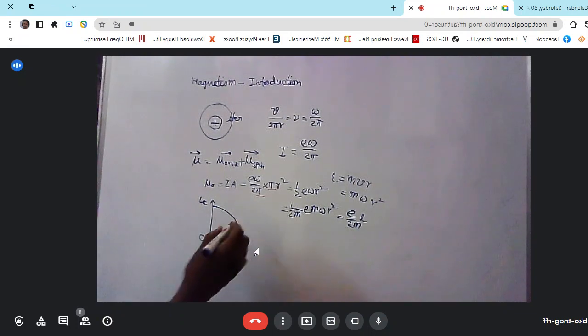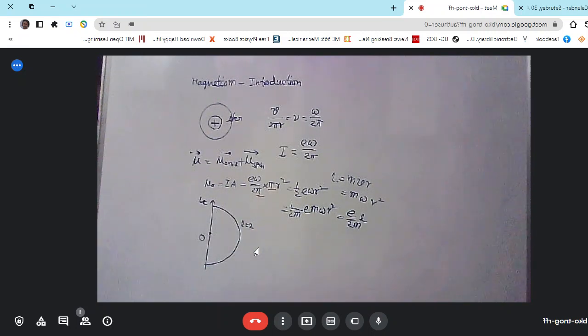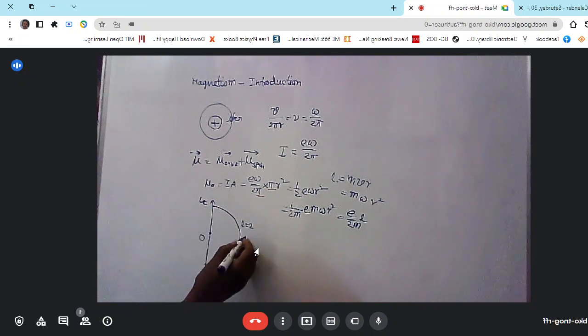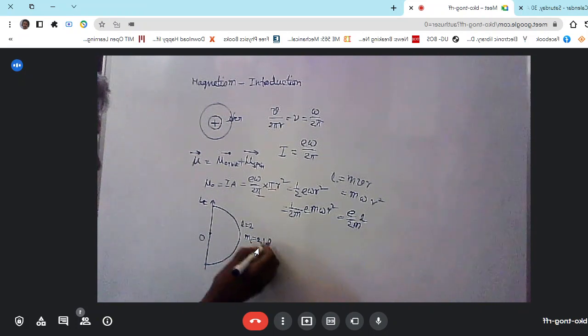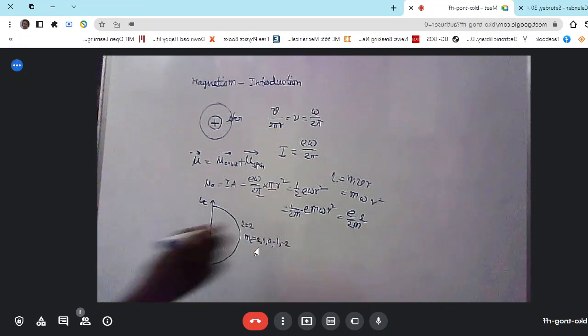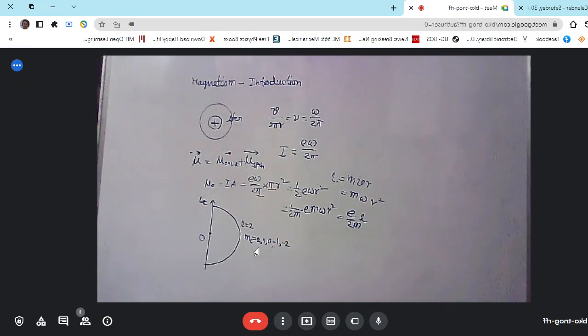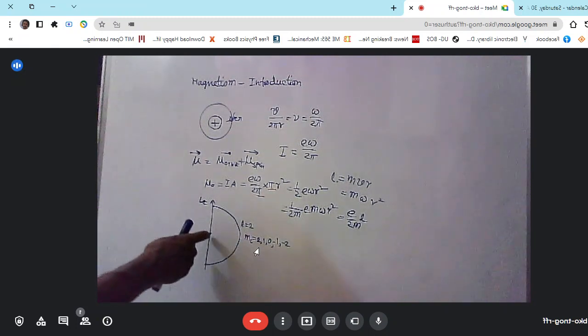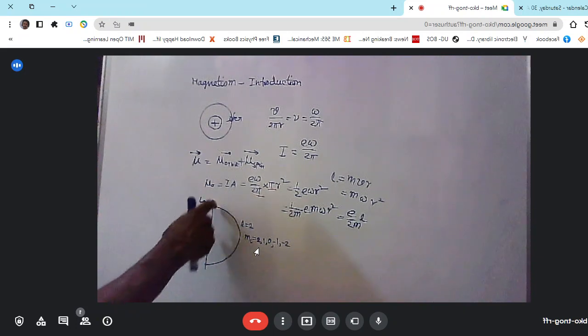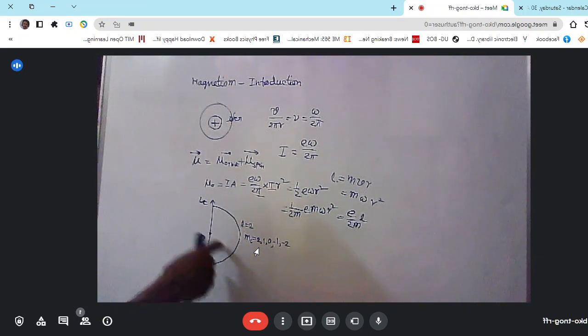Now let us consider we have L equals 2. Then the Z component of L will be m l equals 2, 1, 0, -1 and then -2. These are the 5 values. Classically, if I observe this diagram, then we will see that when L equals 2, it can be oriented at any angle.